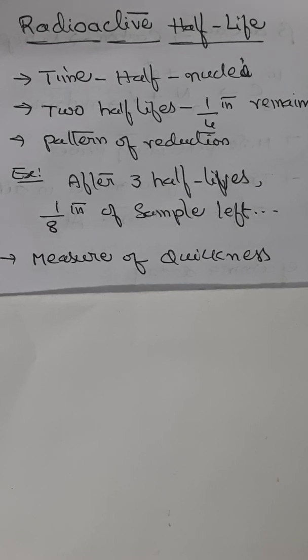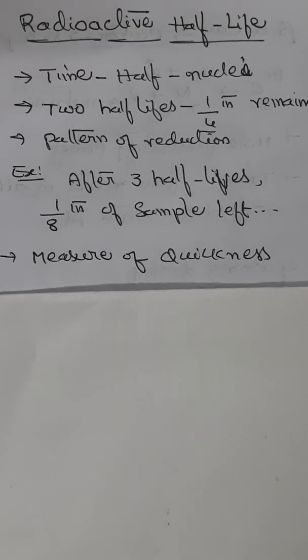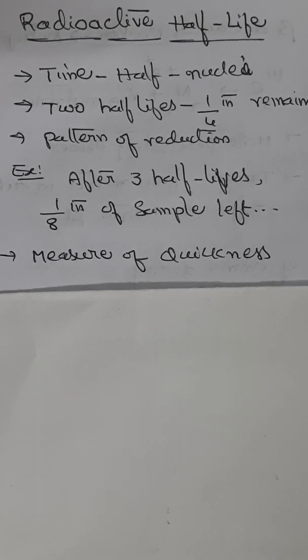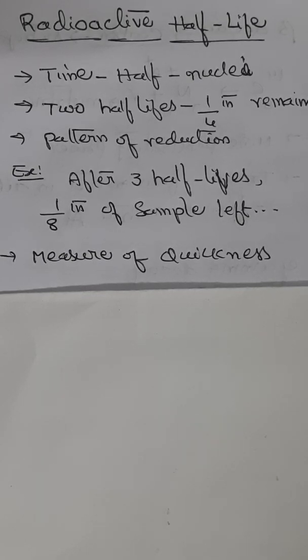So the radioactive half-life gives a pattern of reduction to half in any successive half-life period. For example, after three half-lives, 1/8 of the original sample is left, and so on. So the half-life of a radioactive substance is a measure of how quickly the radioactive decay takes place.